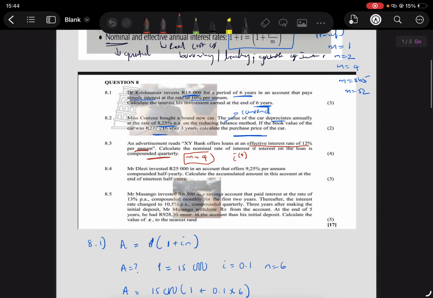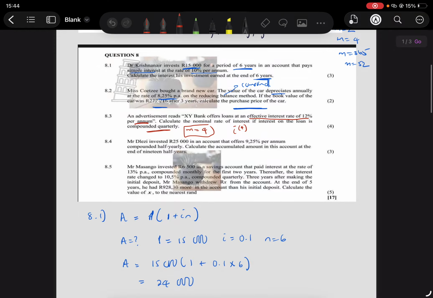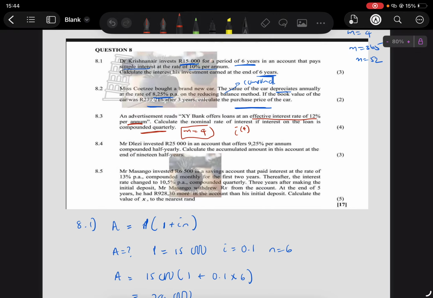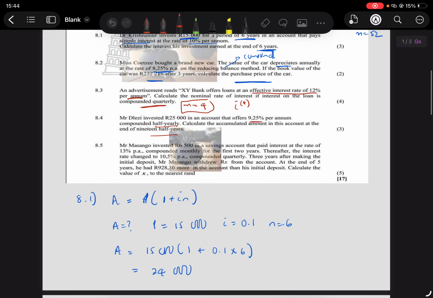Cool. Let's then look at 8.4. 8.4 says, Mr. Gleji invested 25,000 in an account that offers 9.25% per annum compounded half yearly. Calculate the accumulated amount in this account at the end of 19 half years. So what is some of the important information we have from this question?